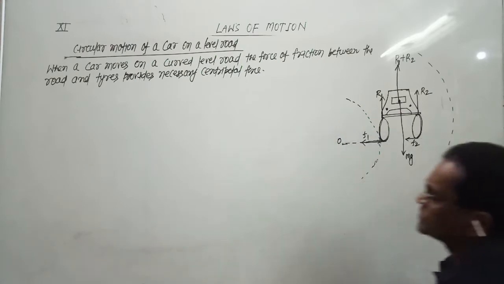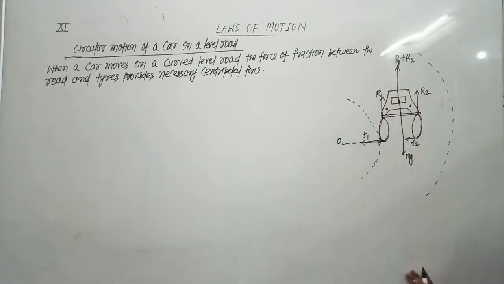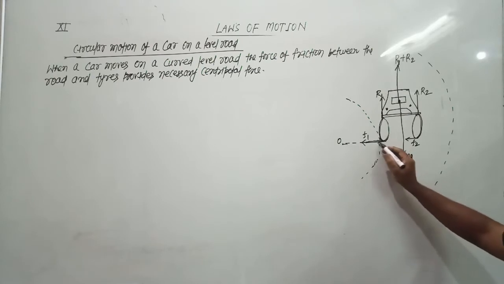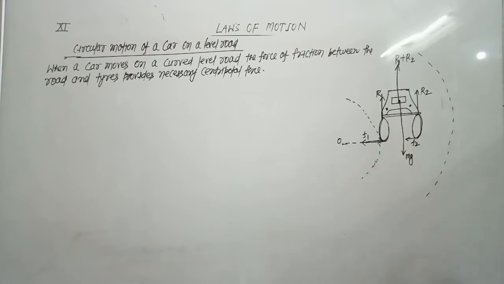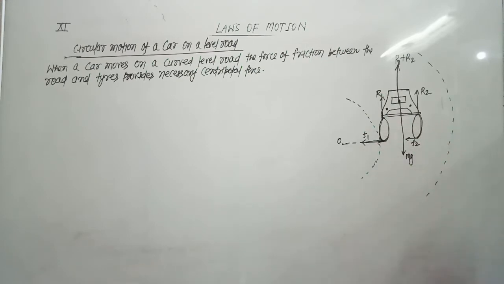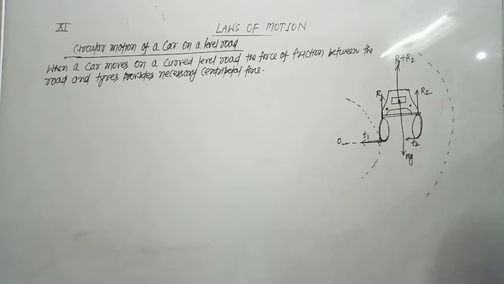When a car moves on a curved level road, the force of friction between the road and tires, which is F1 and F2, provides the necessary centripetal force because the wheels tend to move in an outward direction, away from the track, away from the center of the circular path.